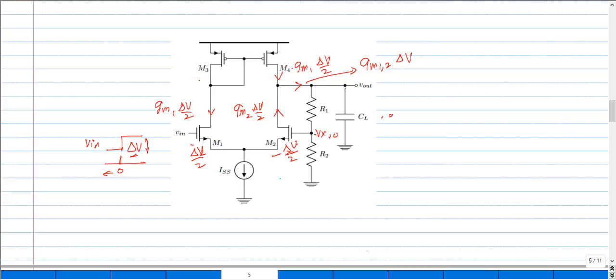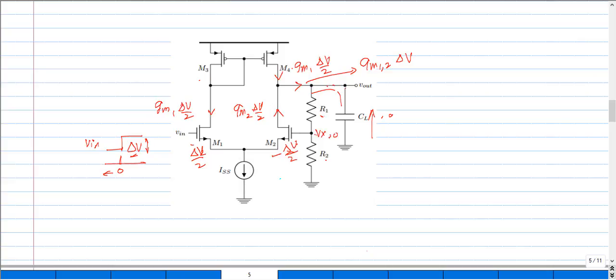And now it is this current that flows through this capacitance. Again, we are assuming that the resistances R1 and R2 are so large. The current would basically go to the least impedance path and try to charge up. Once the voltage across this capacitance keeps on rising, what happens to the output node voltage?